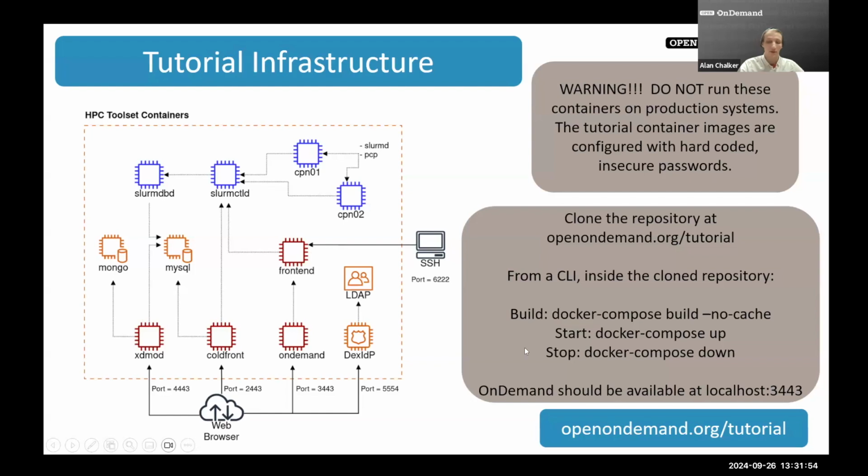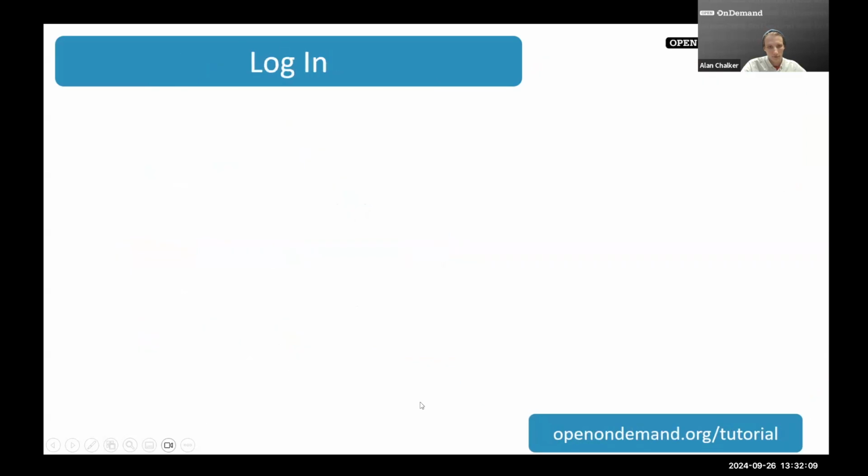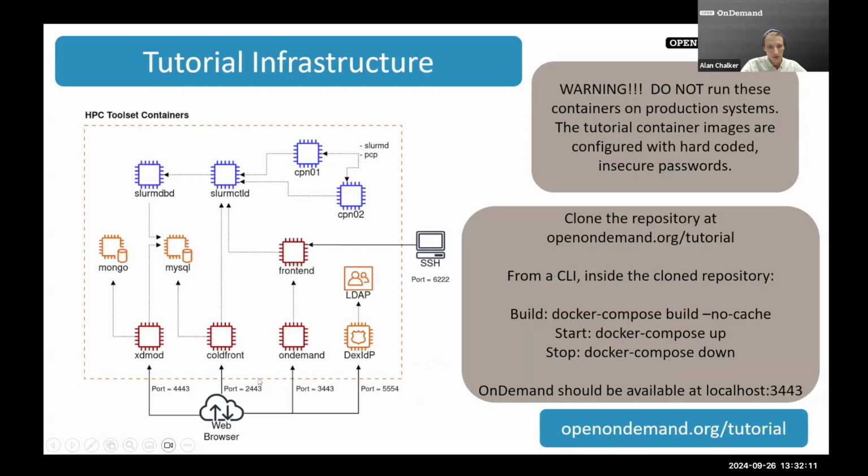Then everything else should just be docker compose up, and that will turn all these containers on. Then you can connect via a web browser to the various ports you see there. Particularly, we're going to be on localhost 3443, as we're going to be connecting to on-demand, and we're not going to be super worried about the other ports or other access we have right now.